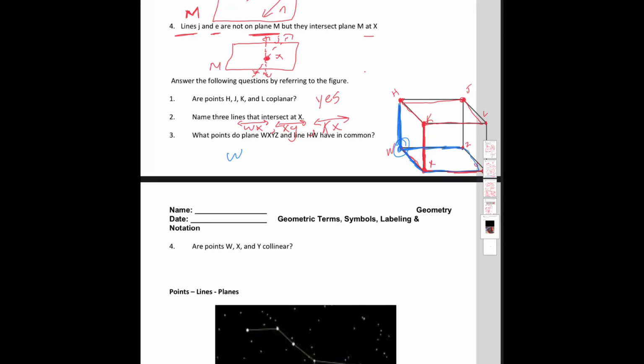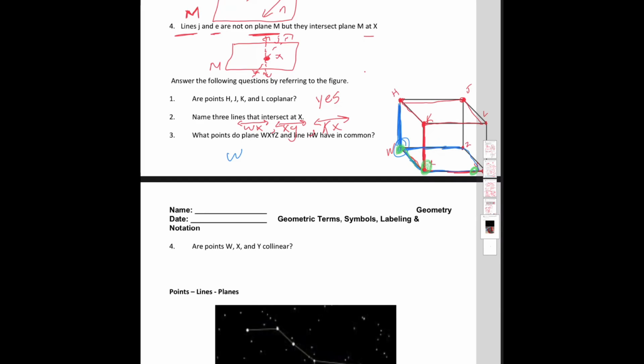Then our final question here is, are points W, X, and Y collinear? So I have point W down here. I have point X. And my point Y, which is over here in the corner of the box.